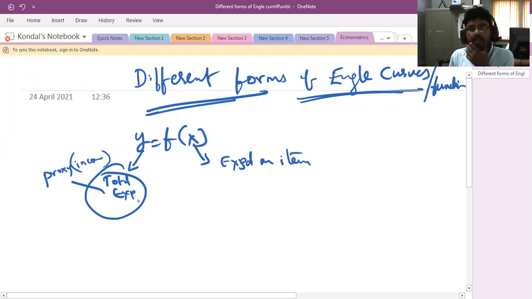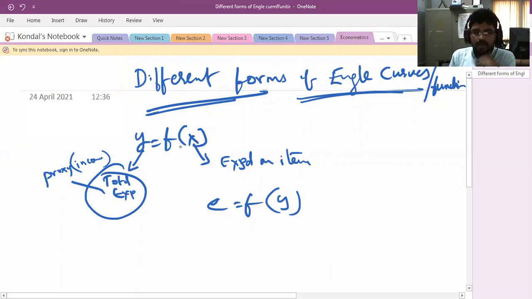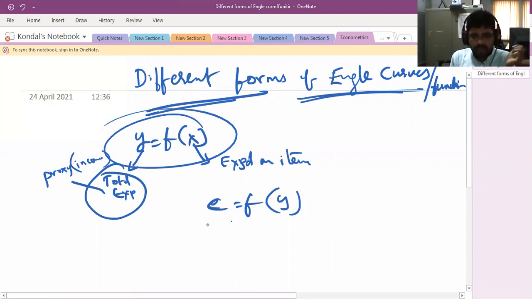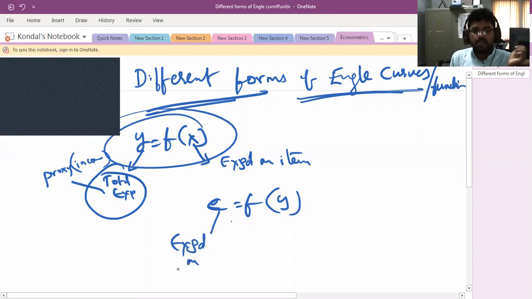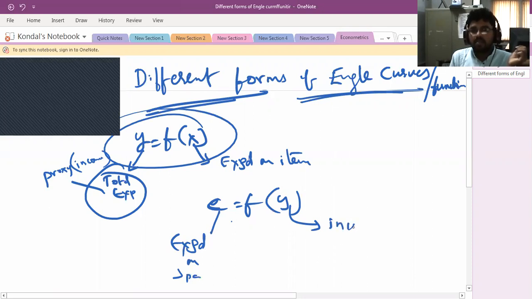When you take applied economics, see here, generally consumption depends on income. So when you take this kind of equation, it is different from this one. Therefore, if you want to know the consumption expenditure on a specific item, you can take this one: expenditure on a specific item depends on income.